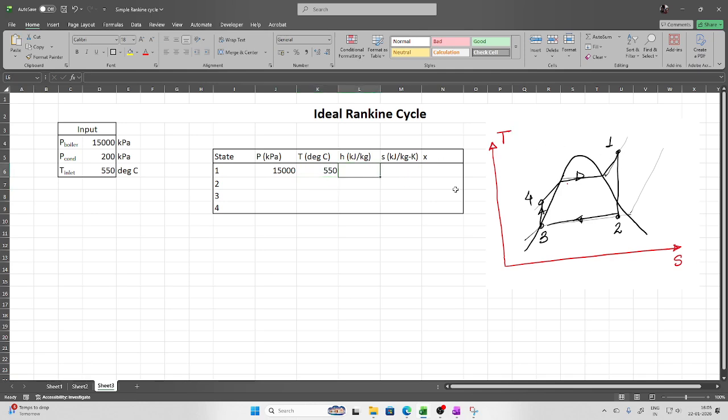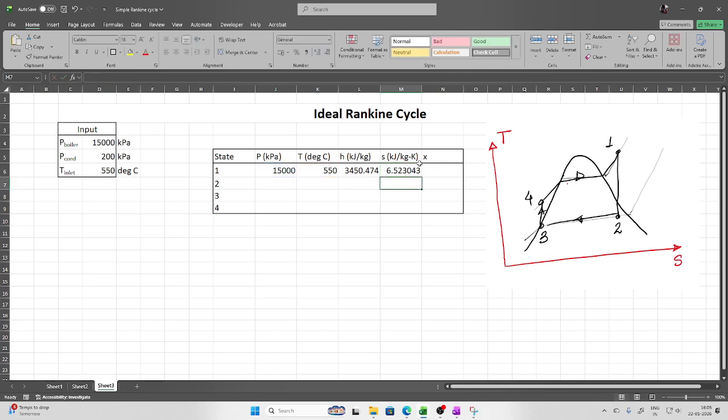Now I have to find out the enthalpy. You know, this is a single phase, so two properties will be required. So enthalpy I will be evaluating based on pressure and temperature for water. So this is the pressure and this is the temperature. So this is the enthalpy, that is 3450. Likewise, I can also evaluate the entropy based on pressure and temperature for water, and this is pressure and this is temperature.